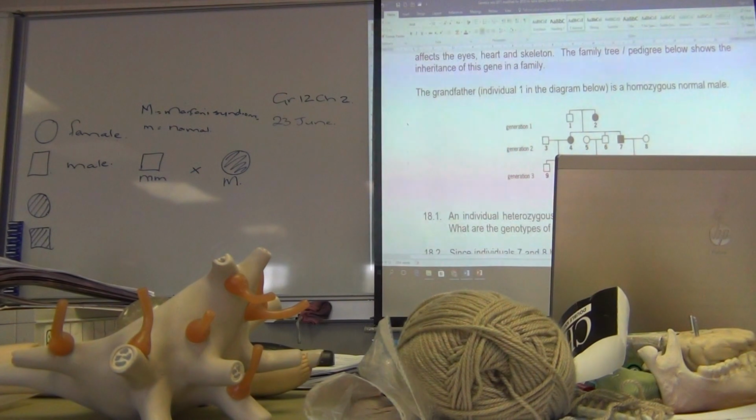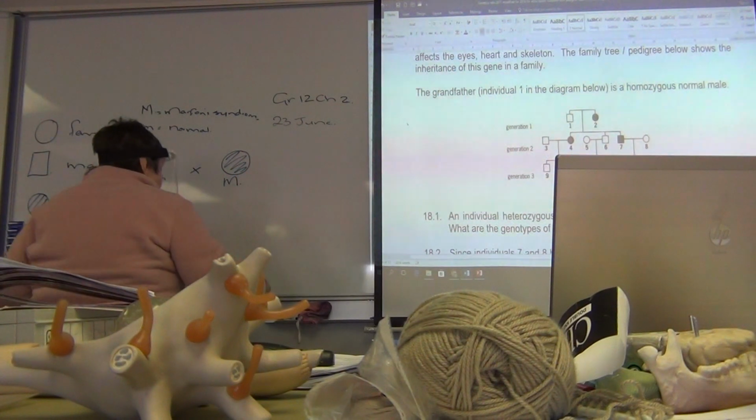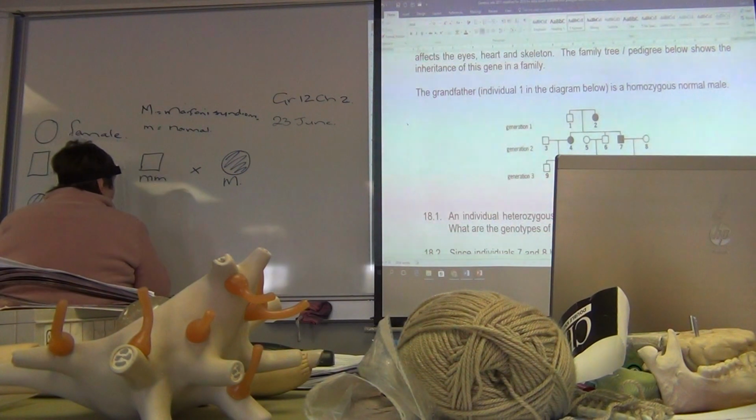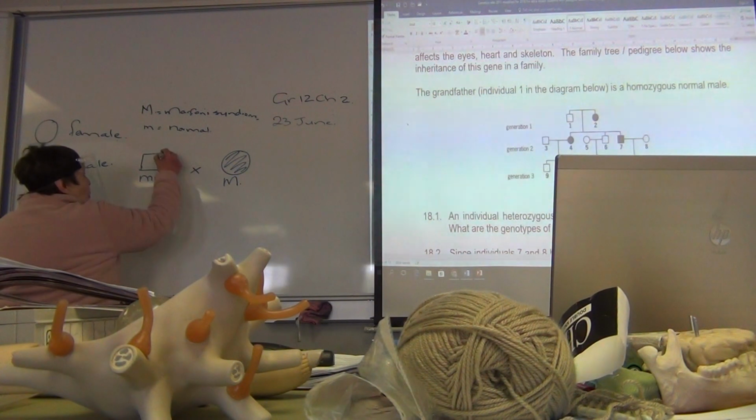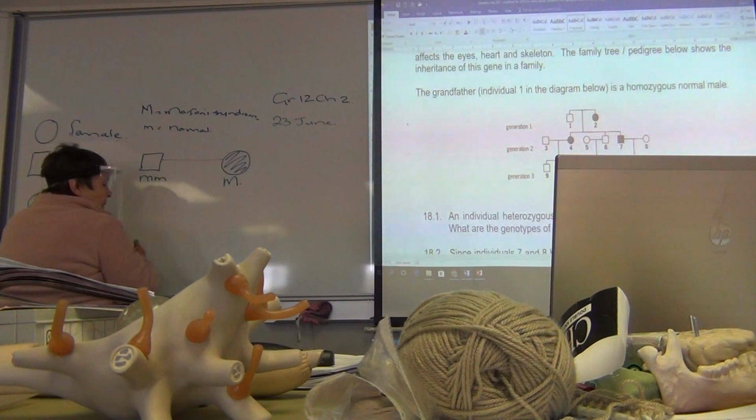So individual 9, individual 10, and individual 11 are all little m, little m. You understand that, guys? They must be little m because they don't have Marfan syndrome. Okay, let me draw this on the board for you.